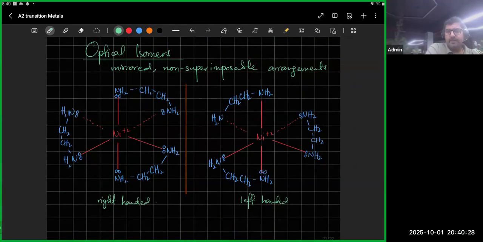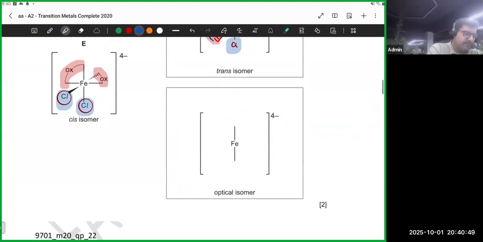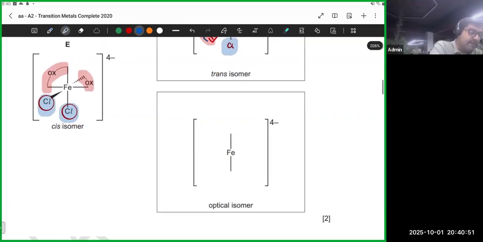If you have an octahedral complex with bidentate ligands, then the mirrored version is going to be a different molecule. It's going to be non-superimposable, just like your left hand and right hand. They'll kind of look the same, but they will never be superimposable on each other. So we have to draw the mirrored version. Whenever you have bidentate ligands in an octahedral complex, this is what's going to happen.